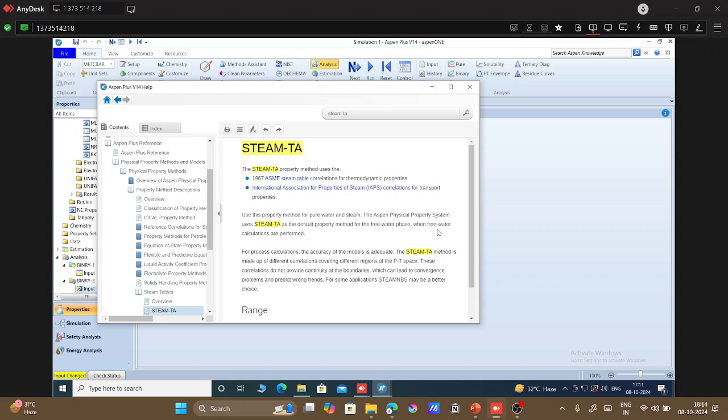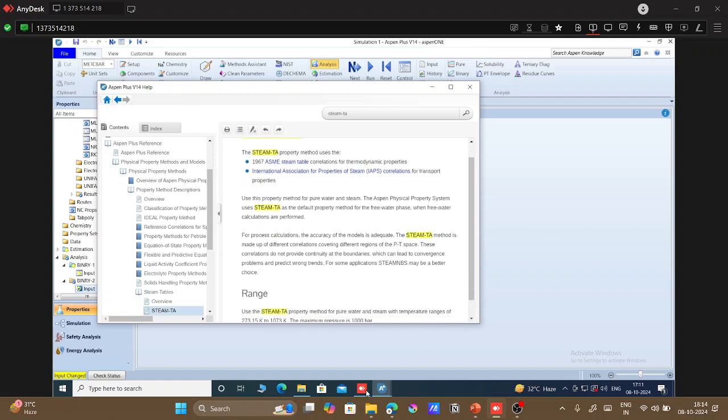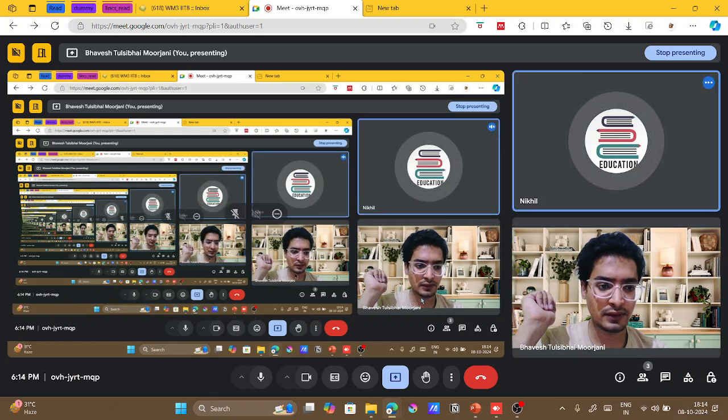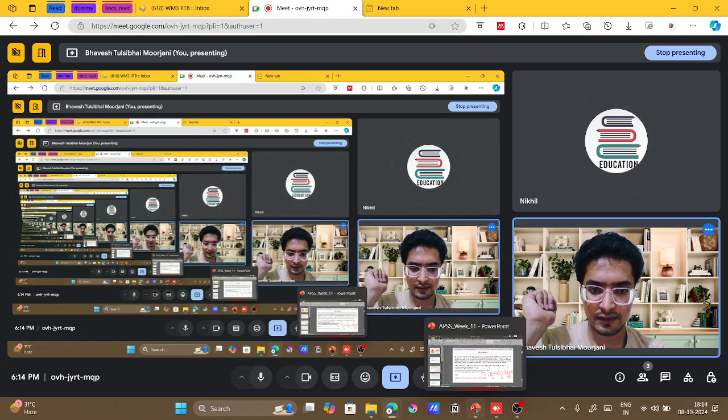The Aspen physical property system uses steam TA as a default property method for the free water phase when free water calculations are performed. For the process calculation, the accuracy property method is already included. If we use SRK, then it is not possible. If we use SRK, then what? Then it will use steam NBS, both.